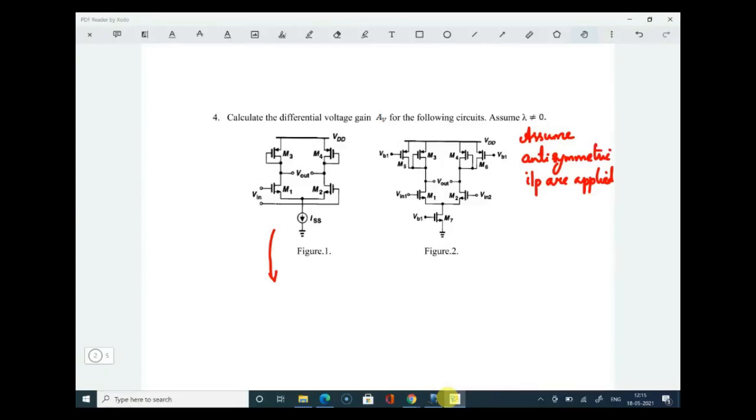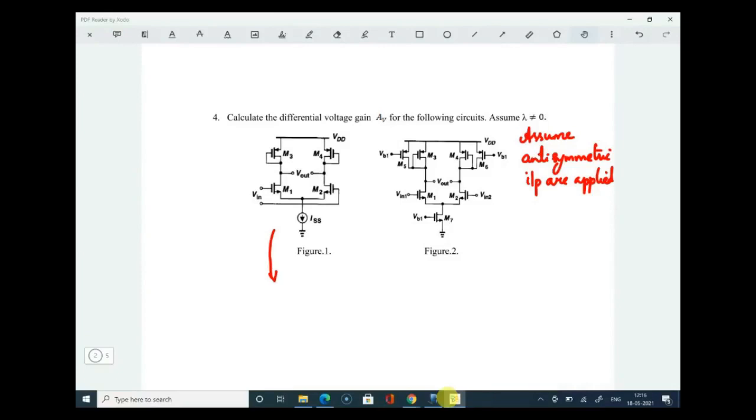I'll ask you. Any idea, Aman? Minus GM1, then multiply 1 by GM3 parallel to RO3 parallel to RO1. Okay. So how did you get that? What approach have you taken?